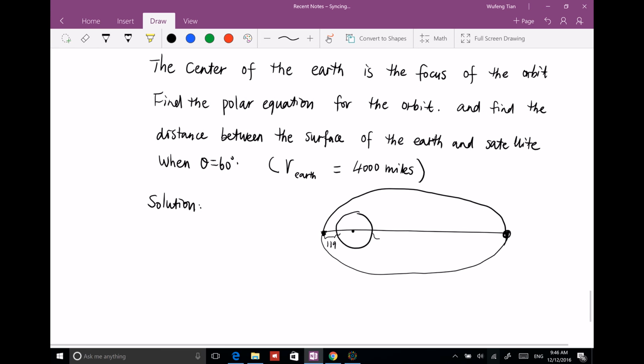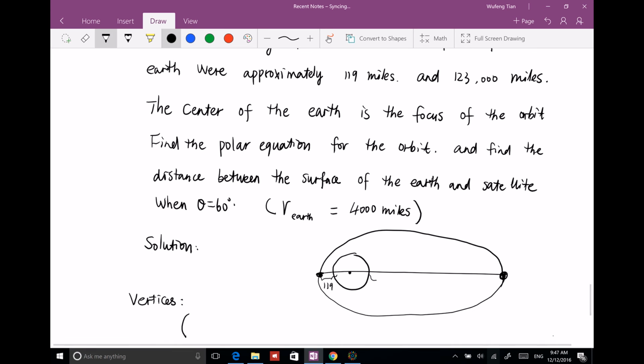Okay, so now we'll look at the vertices. What are the vertices? The highest point is 123,000, starting from this focus point.